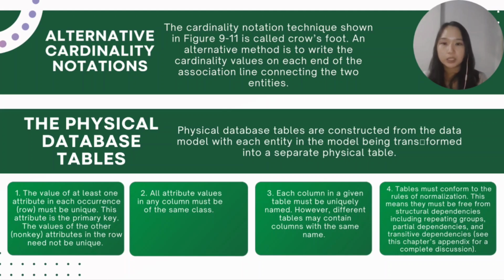The third one is that each column in a given table must be uniquely named. However, different tables may contain columns with the same name. And the last one is that the table must conform to the rules of normalization. This means they must be free from structural dependencies, including repeating groups, partial dependencies, and transitive dependencies.